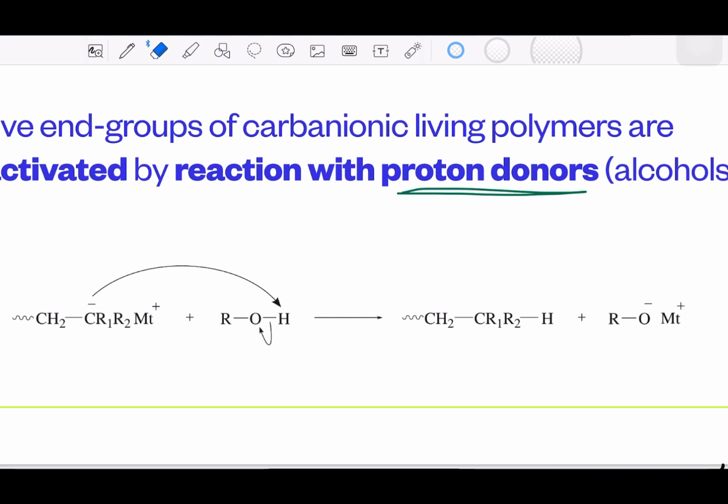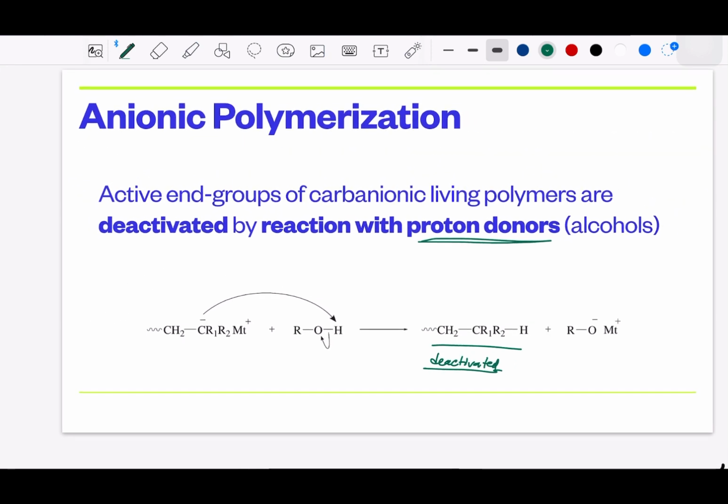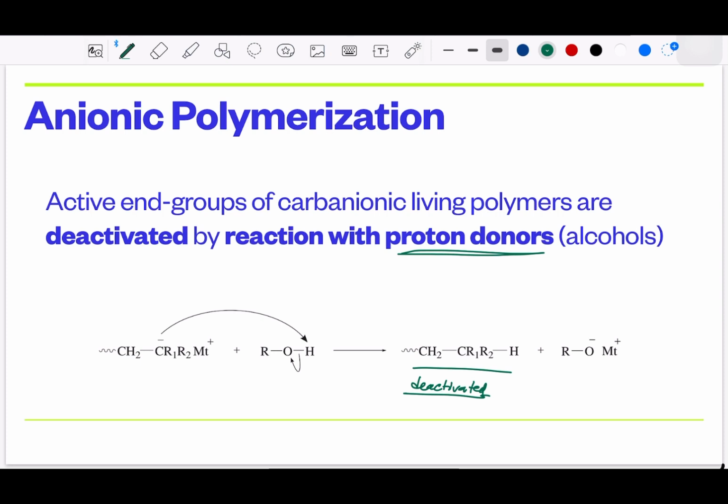So we can say this part has been deactivated. But remember that this is not permanent, which means we can activate it in the future.